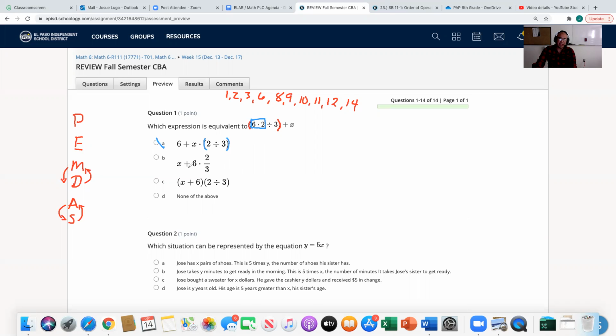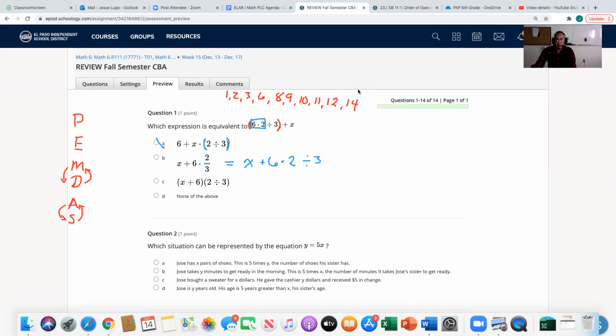Let's look at B. X plus 6 times 2/3. At first glance, it doesn't look anything like this top one, except that we are multiplying first. But remember that fractions are the same thing as division. So this really is the same thing as x plus 6 times 2 divided by 3.